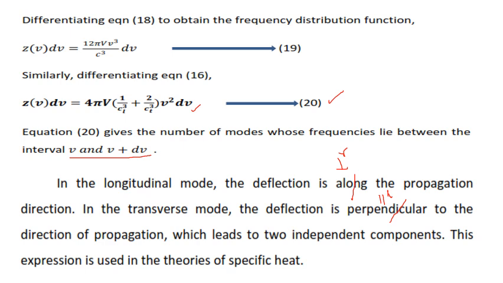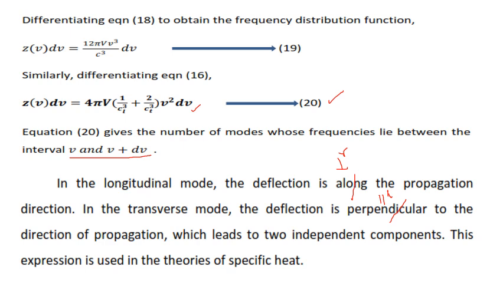There are two main theories, Einstein's theory and Debye's theory. We will see in the next class what the specific heat capacity is and how Einstein's theory and Debye's theory work. Both are studied in solid state physics in third year BSc physics, so I think you may understand the things.